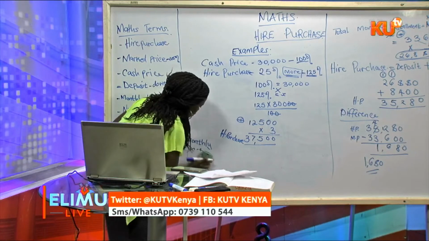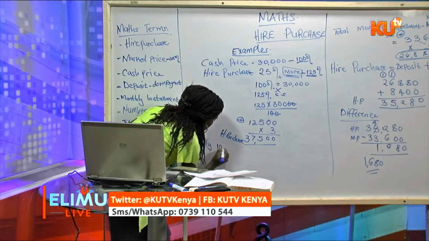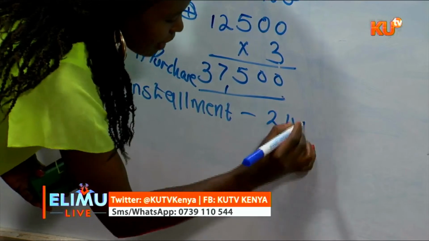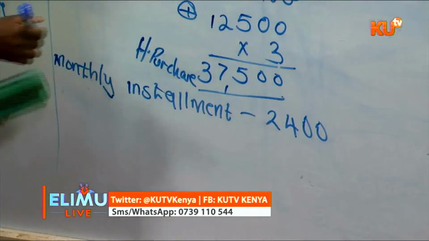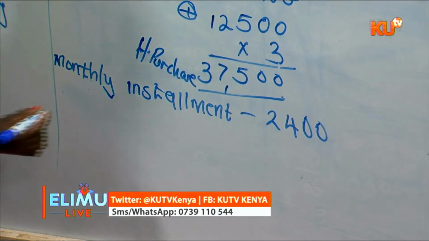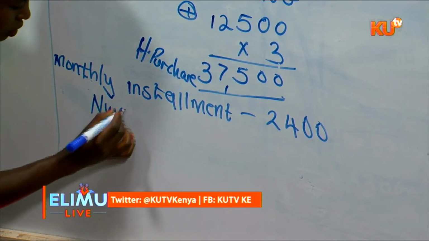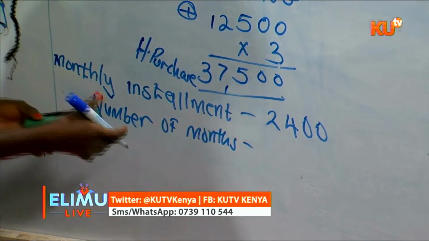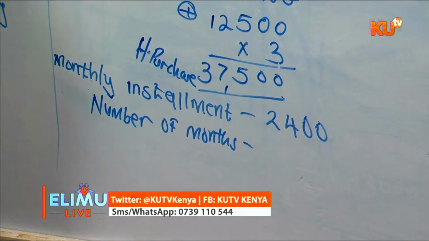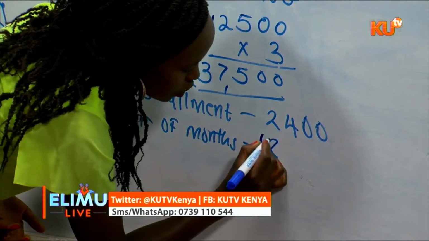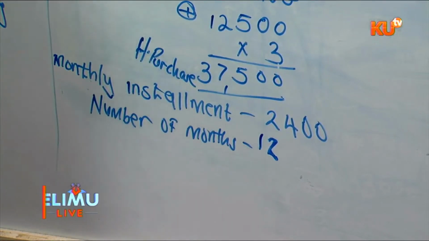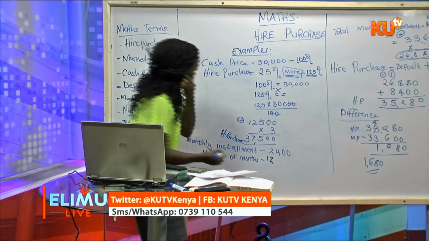The monthly installment was 2,400. And then you are told that he paid this for 1 year. So number of months. A year has 12 months. So the number of months was 12. So he paid the 2,400 for 12 months.